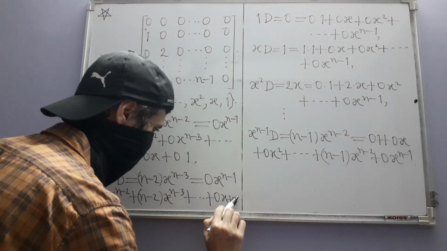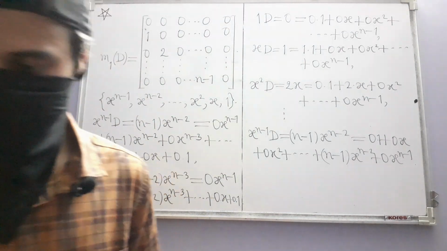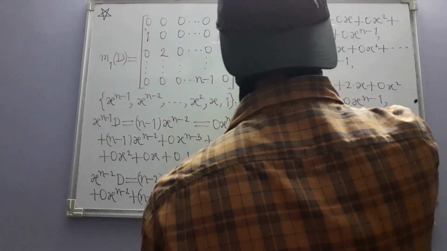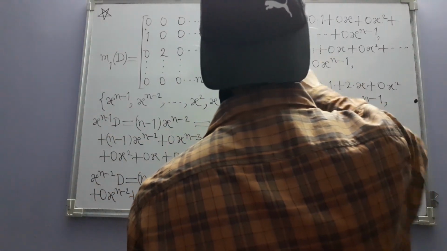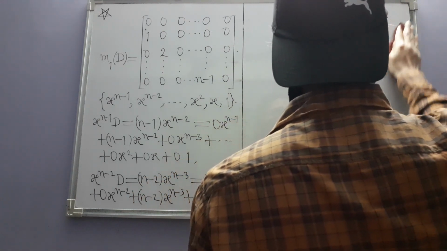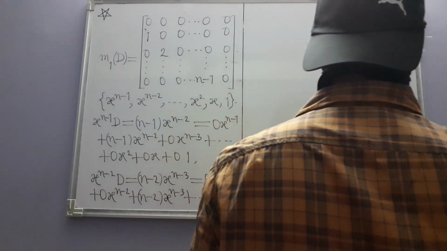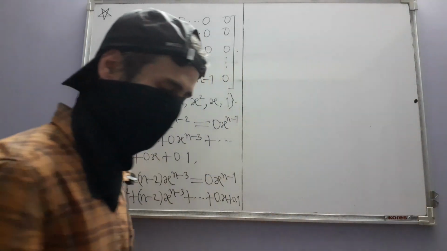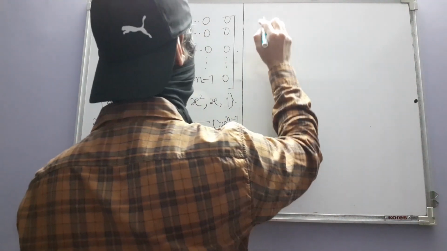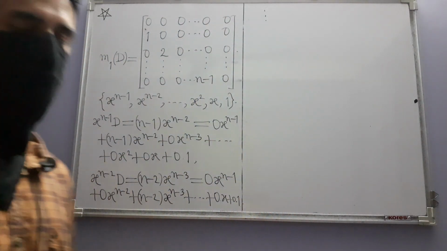I am just simply writing like this, not writing the x square term. And like that, if we continue, finally what shall we get? How many more shall we show?